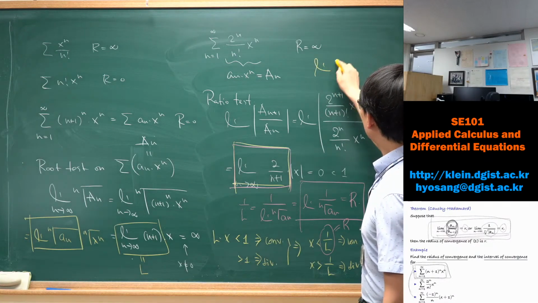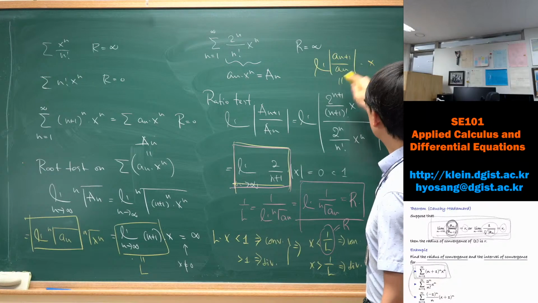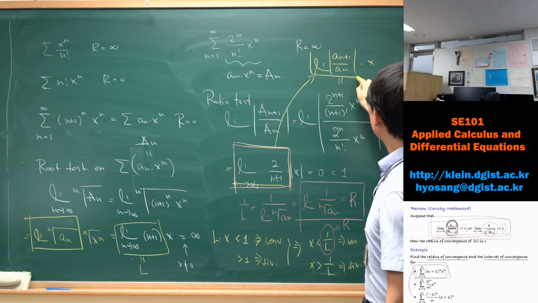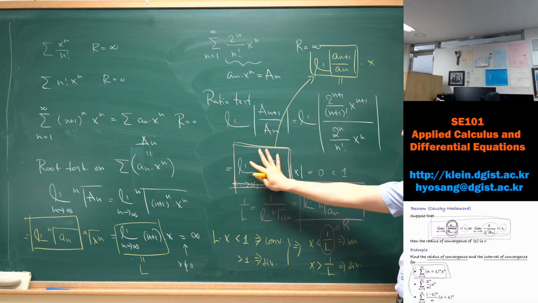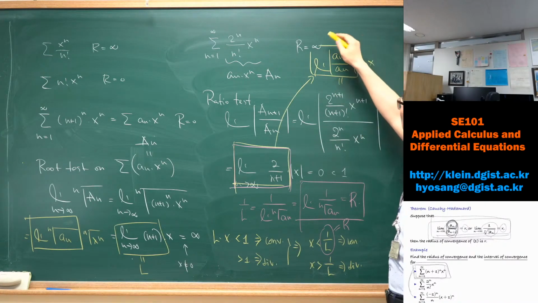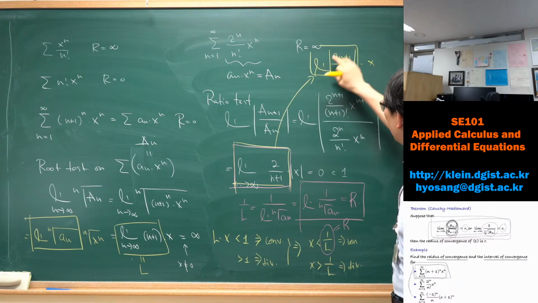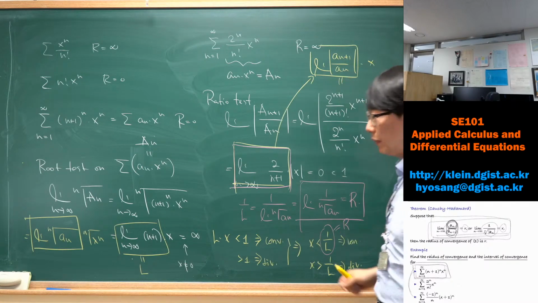Now this is equal to an plus 1 over an times x. So this part is this one. Okay. So also, if you move your limit to the right-hand side, the radius is the limit of the reciprocal of this ratio, so an over an plus 1. Okay.